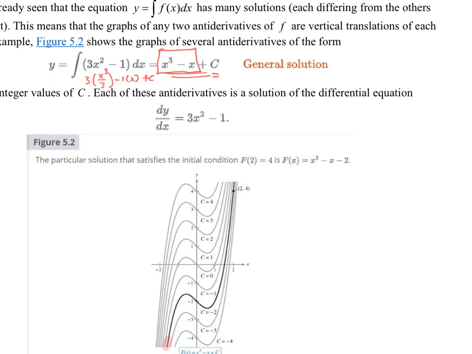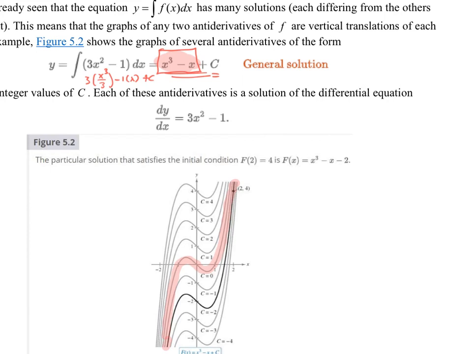What does the graph of x cubed minus x look like? This right here is the graph of x cubed minus x. That would be a constant of 0. That is our answer, x cubed minus x. What the plus c does is simply shifts it up or down.